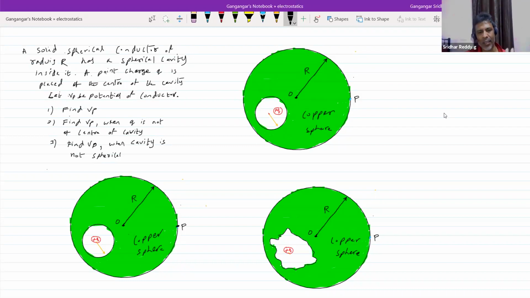In one of the paragraphs, he's telling that if you have any cavity in a conductor, then the position of the cavity is immaterial, it doesn't matter. So depending on convenience, you can shift it wherever you want.